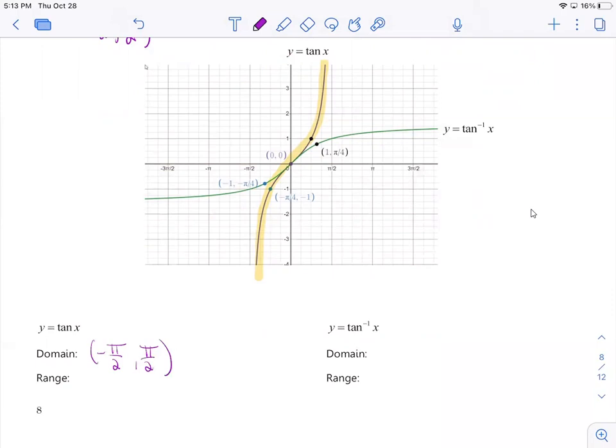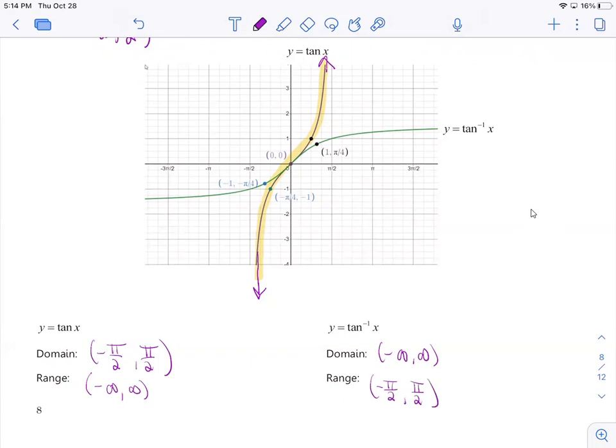Your range here is very different because our graph goes on forever in this direction and in this direction, so our range is all real. We could look at our graph for the inverse tangent, or just know that for the inverse we swap our domain and range. So our domain is all real, and our range is negative pi over 2 to pi over 2.